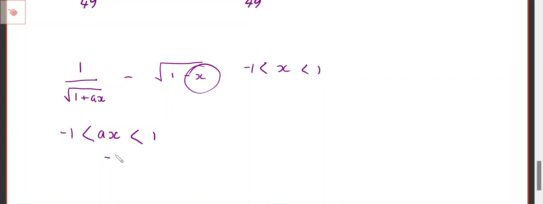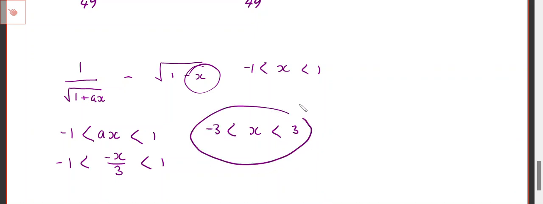So this will be negative x over 3. Now, what does that basically make it? Okay, so x must be between 3 and negative 3. So we've actually got two different restrictions.